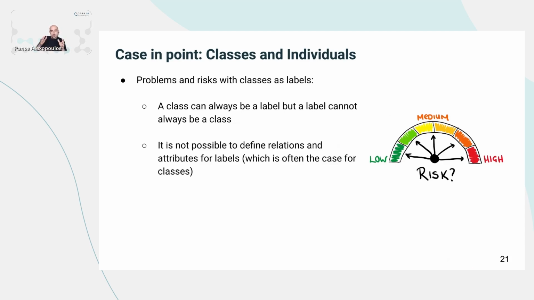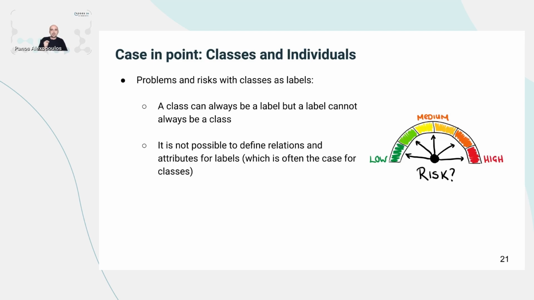Vice versa, if we have a label property graph with labels, and we transform this into RDF, we need somehow to determine whether its label is a class or is an individual entity. That's important, right? And this is not something automatic. We cannot say that every label is a class.